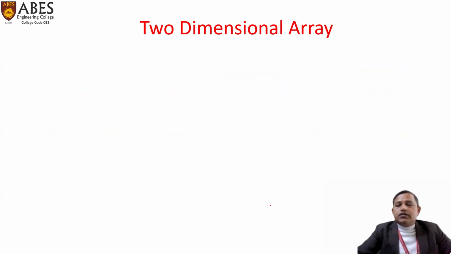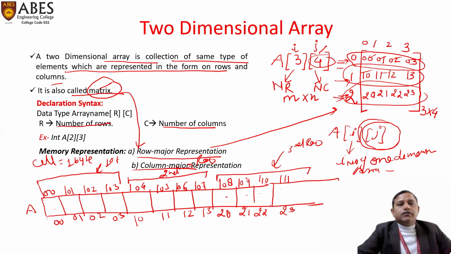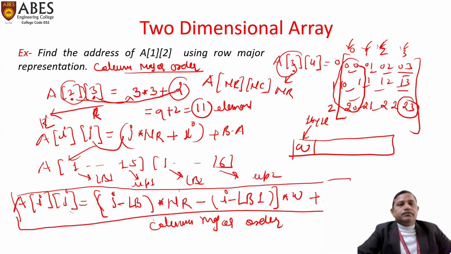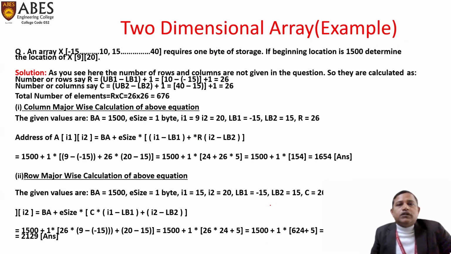Let's start with an example here. Suppose you are given an array named X, and this is the row and this is the column of a two-dimensional matrix. What is minus 15? This is lower bound 1. What is 10? Upper bound 1. 15 is lower bound 2, and upper bound 2.